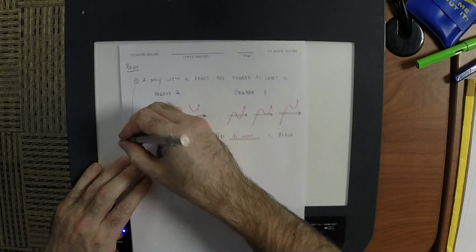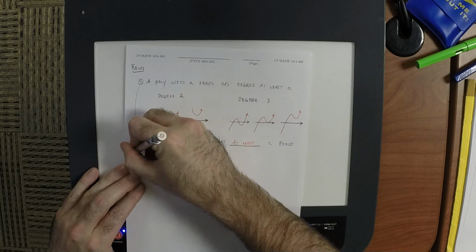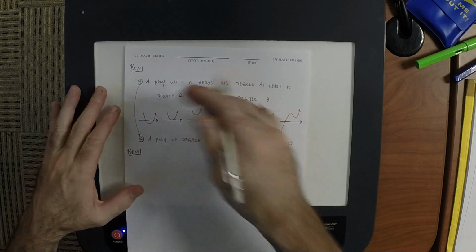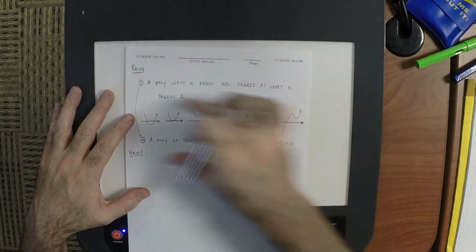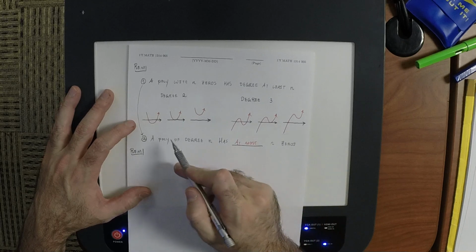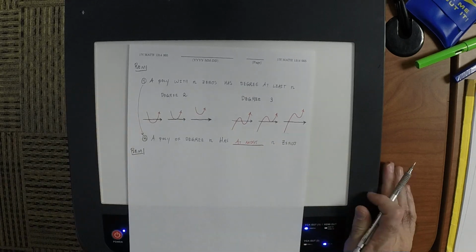So another one. Besides zeros, another thing we count is the turning points. This was a statement about counting zeros. Another item that we count is the turning points. So that is to say the local extrema.